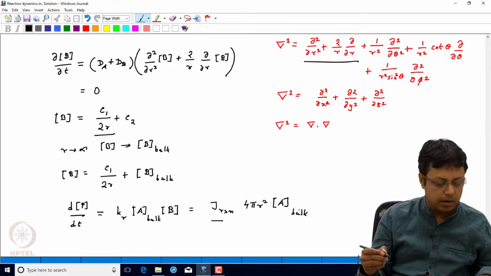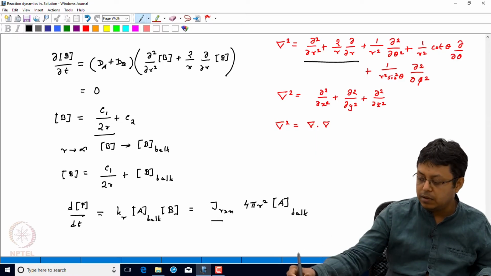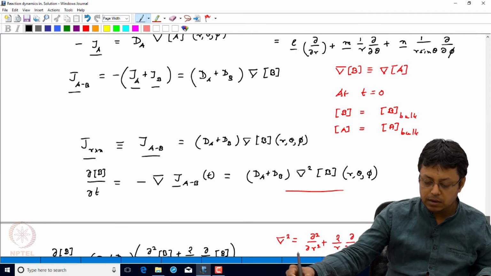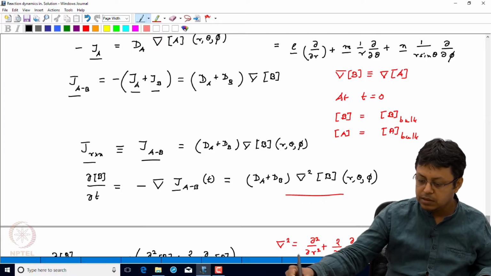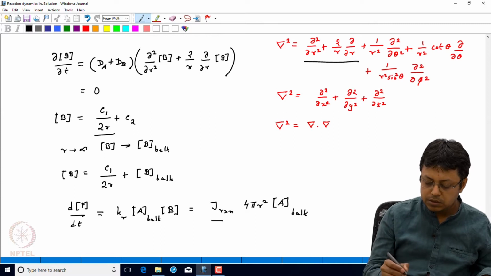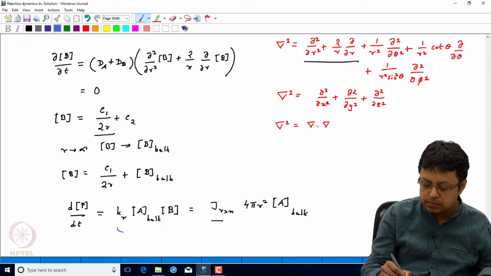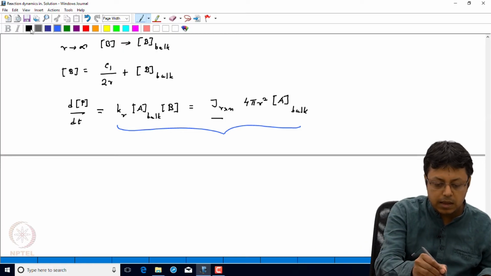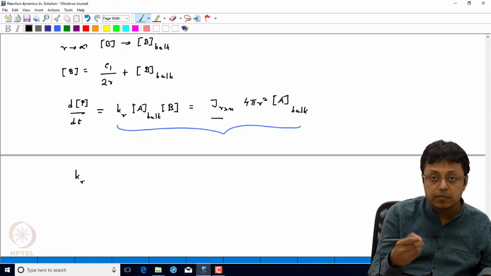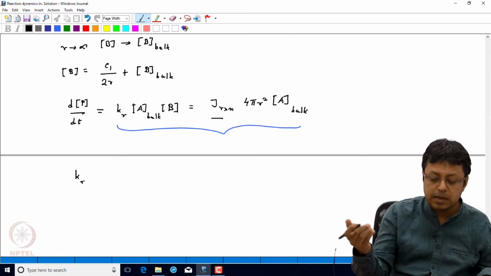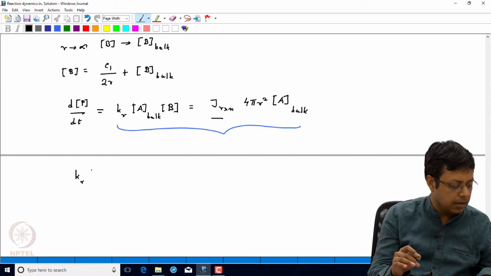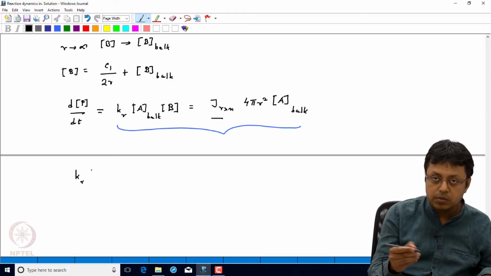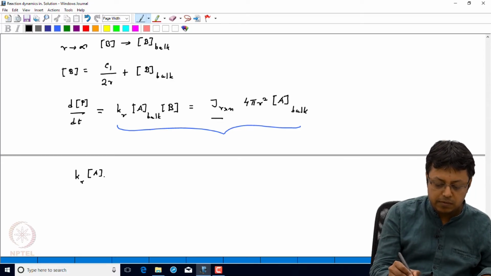Now we can write the expression for the reactive flux, which we have already got here, J reaction. So proceeding from this relation, in the next step we write Kr, the reactive rate or the final step rate, times A bulk, which is actually on both sides, but we are just keeping it for now.